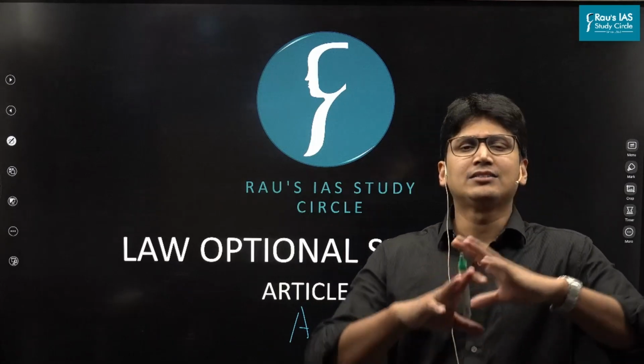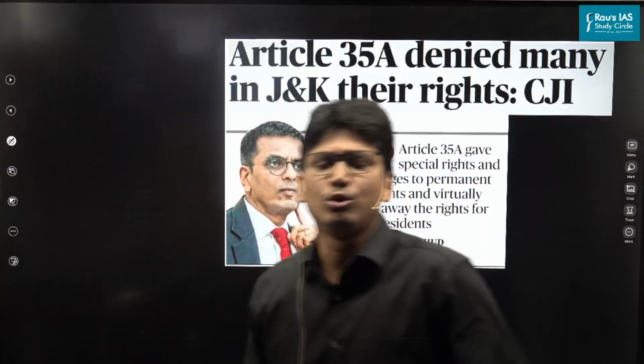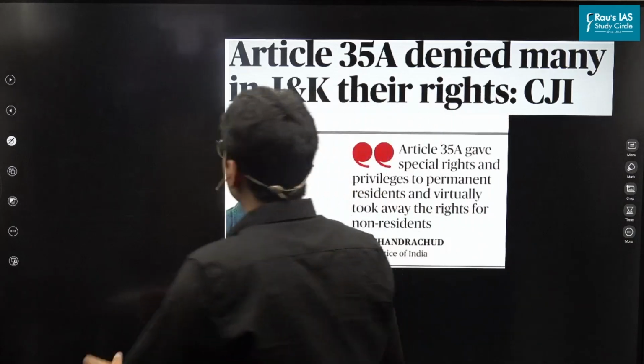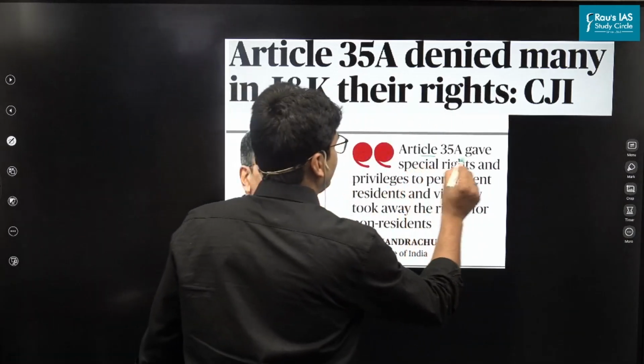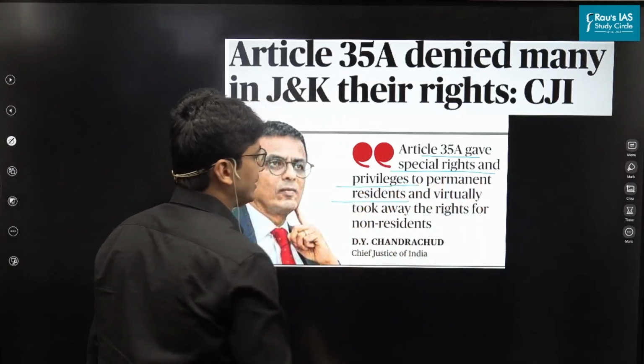So, let us understand all about Article 35A, as this article was also quoted by the Chief Justice of India during the ongoing arguments in the Supreme Court regarding abrogation of Article 370. The Chief Justice highlights that Article 35A gives special rights and privileges to permanent residents.